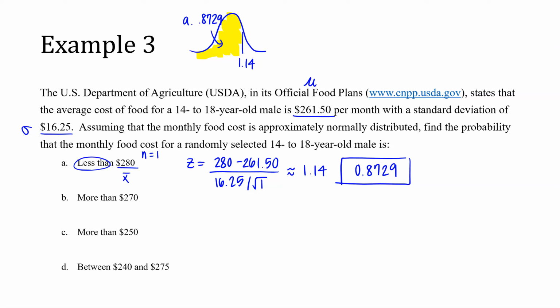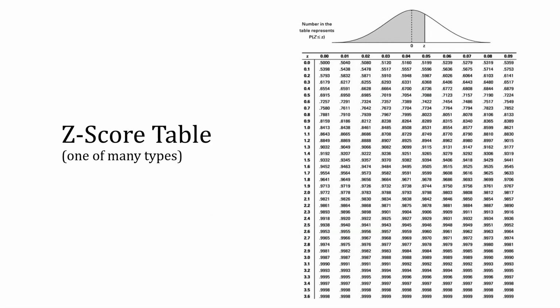E, more than 270. Going back to our z-score table to find 0.52, the intersection would be the cell 0.6985.